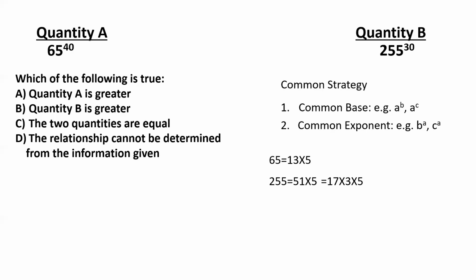The other thing to note is, both of these numbers, 65 and 255, are not perfect squares or cubes or so on. So the thought of manipulating their exponents has less chance of getting us anything, because they're not perfect squares or perfect cubes.